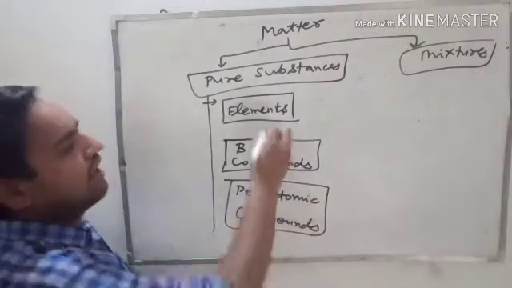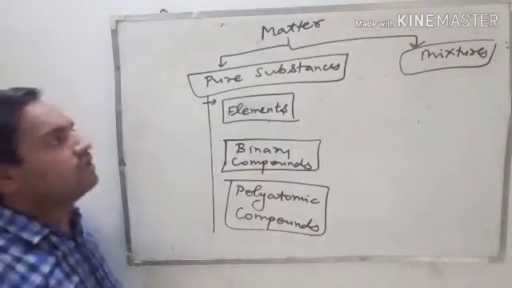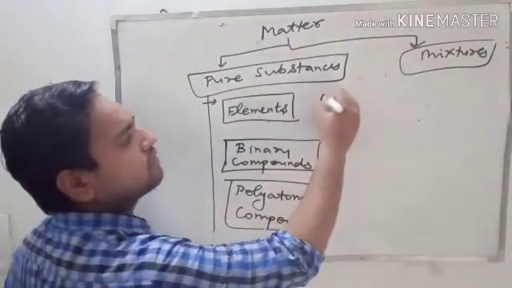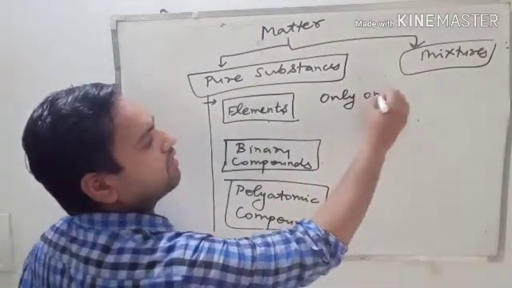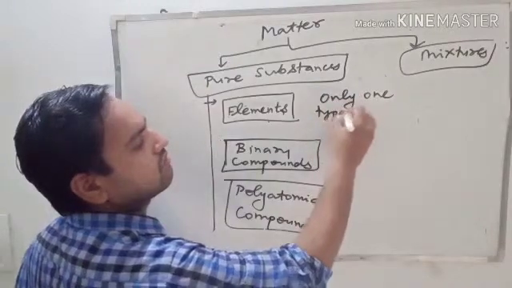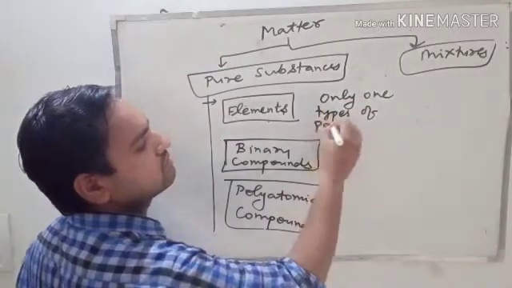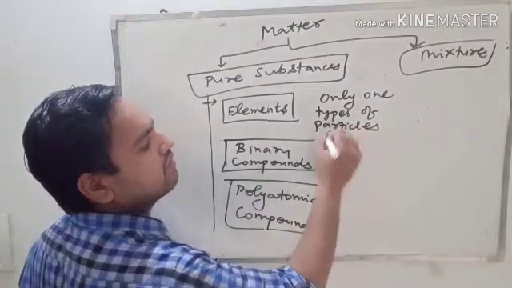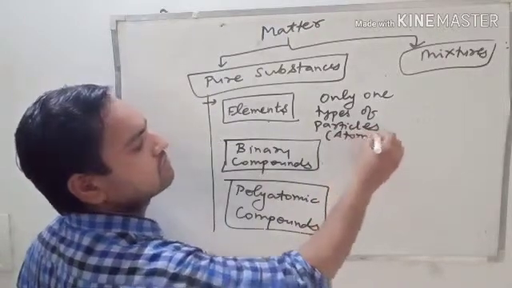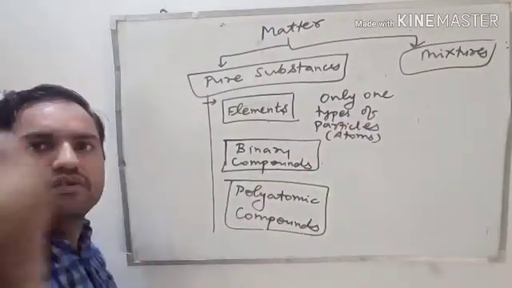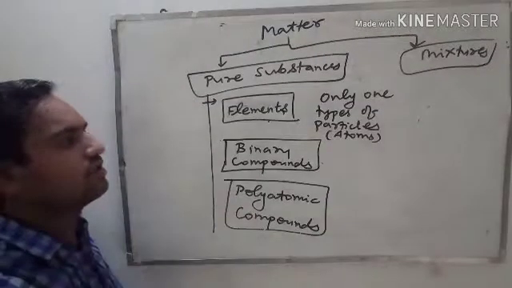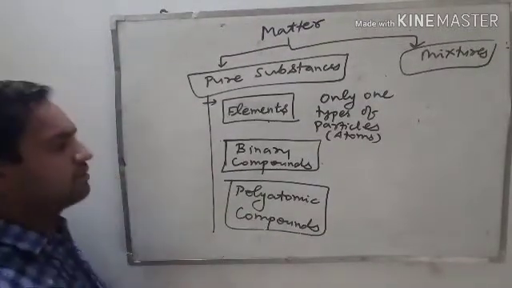What are these? Elements are the pure substances that are made of just one type of particles. What is that? Atoms. All the particles with the same properties, all the same particles, are called atoms.